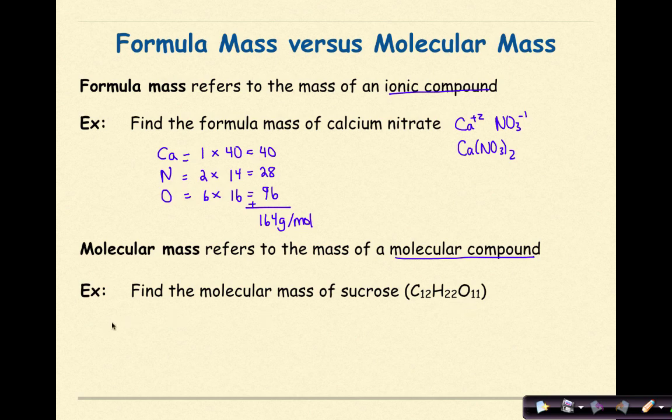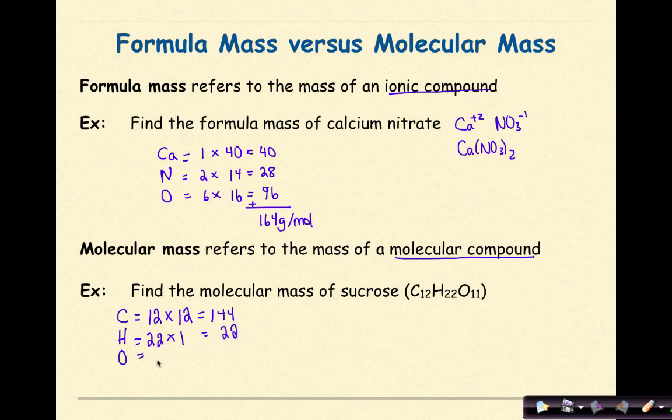C12H22O11. So what I'm going to do is I'm going to write down carbon, hydrogen, and oxygen. The formula tells me that I have 12 carbons. Each carbon has an atomic mass of 12. And 12 times 12 is 144. For the hydrogens, I have 22 hydrogens, and the atomic mass is 1, so that is 22.